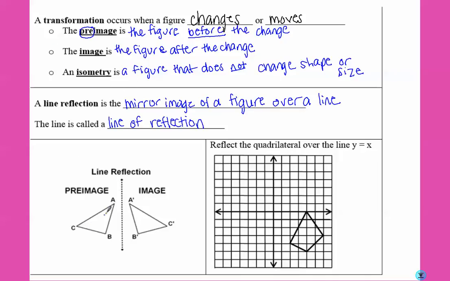So if we're looking at triangle ABC, that's our pre-image. When we reflect it on the other side, it's like we're looking on the other side of a mirror. So this line of reflection here is our mirror line, our line of reflection.